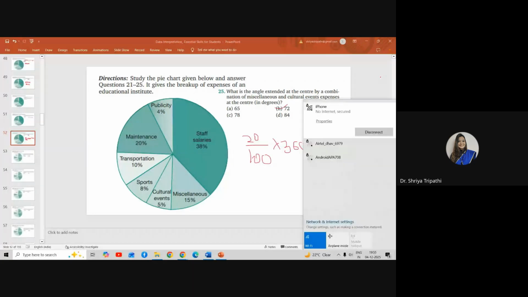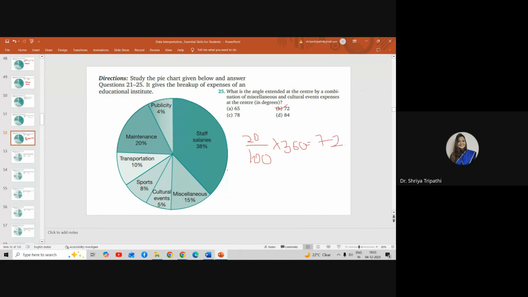Dividing by 100 and multiplying by 360 is the same as the 3.6 method. If you directly do 20 into 3.6, you will also get 72. But the ideal calculation goes like 20 divided by 100 into 360 degrees. So we are getting 72. Are we clear, everyone? Yes, ma'am, B. Okay, very good.